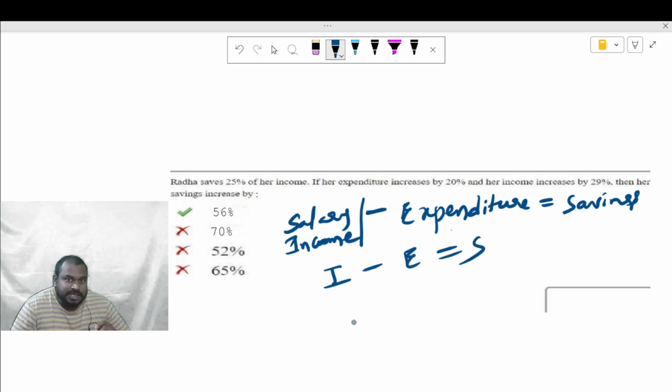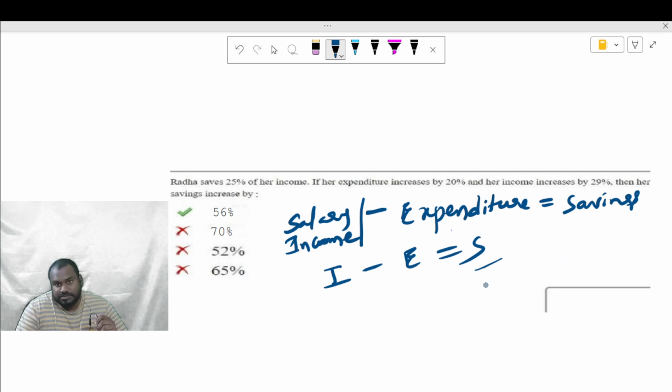Now you see, for these types of questions, you should go with an assumption and you can easily get the answer. Rather saves 25% of income. If her expenditure increases by 20% and her income increases by 29%, then her savings increase by? See, he is asking a question on savings, so you start from savings.